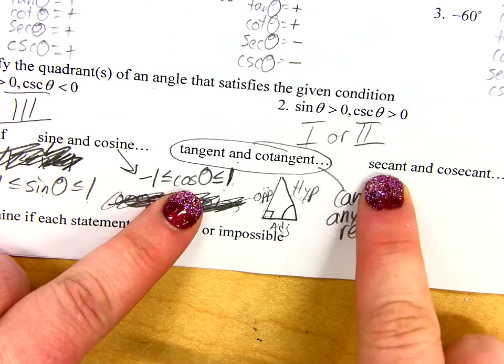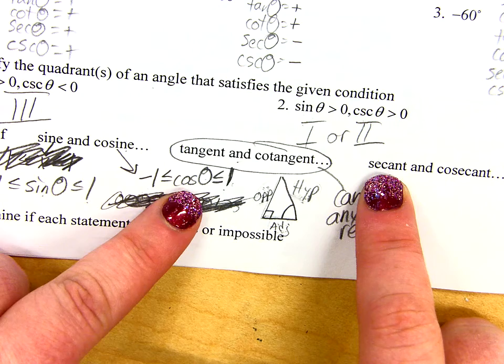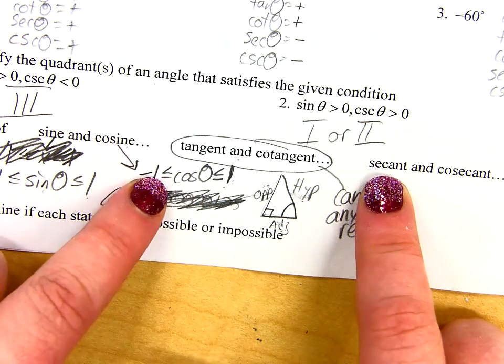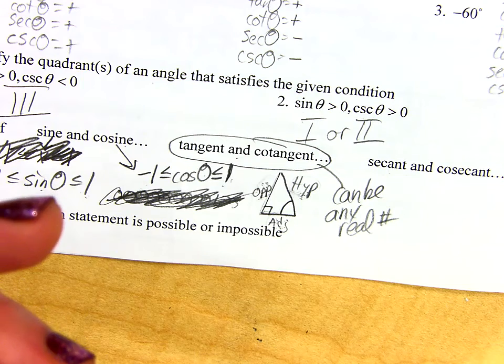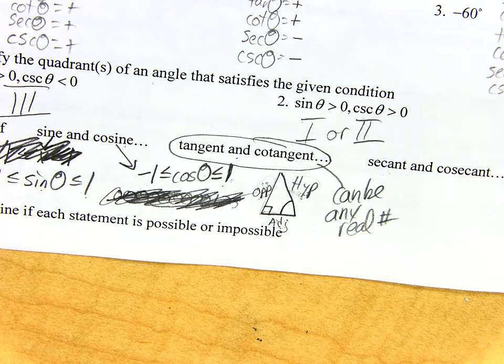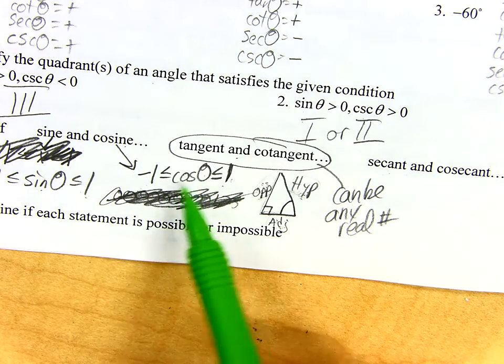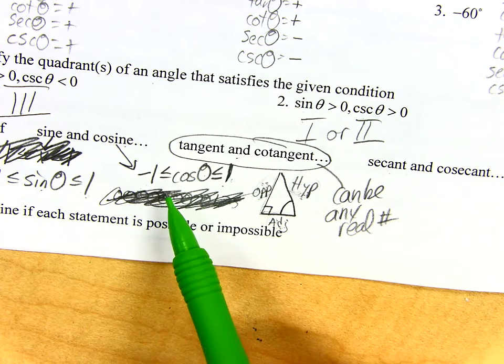What would the secant be? If this one's 2/3, what's the reciprocal of 2/3? 3/2. Well, 3/2 is 1.5. Oh, that's interesting. So it's already out of this range for secant.